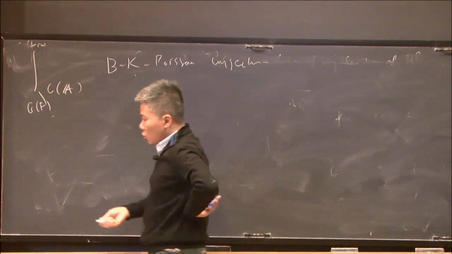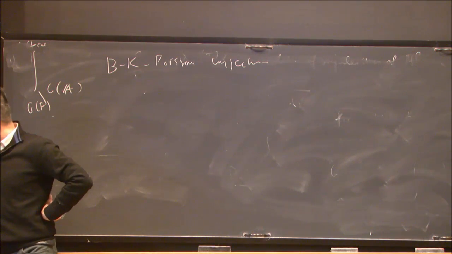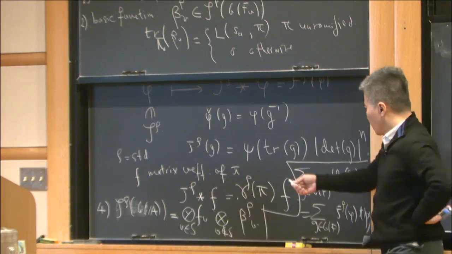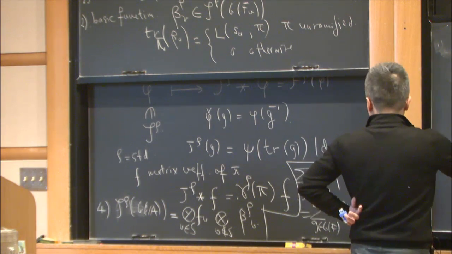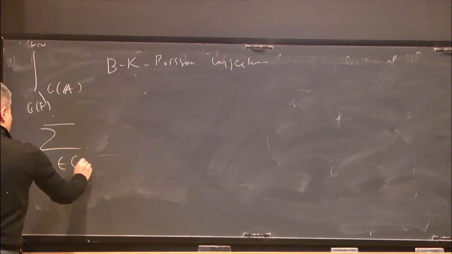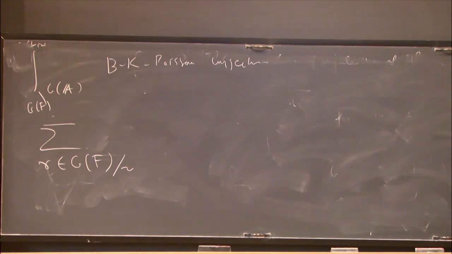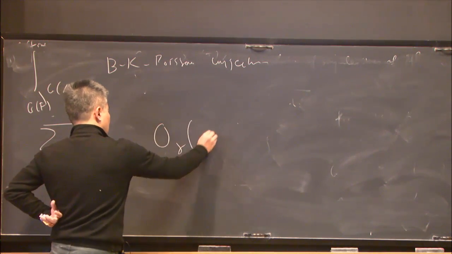by doing so, we just get the trace formula. On this side is the trace formula. So we just get the sum over gamma in G_F tilde of the orbital integral of f.